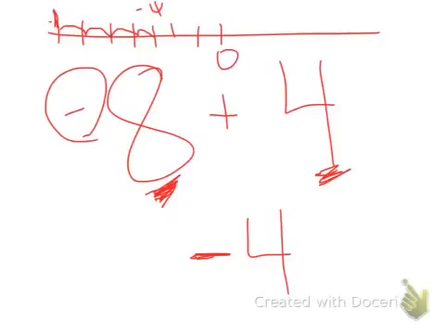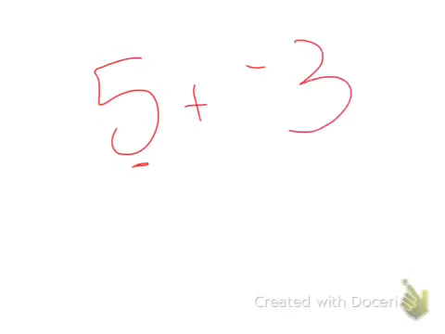That's how that works. So, anytime you have a positive and a negative and you're adding them, it doesn't matter the order, if we have 5 plus a negative 3, look at the two digits. Which one's larger? The 5 is larger, so we're going to take the sign of the positive, since that 5 is positive, and then we're just going to do 5 minus 3, so our answer is going to be 2.